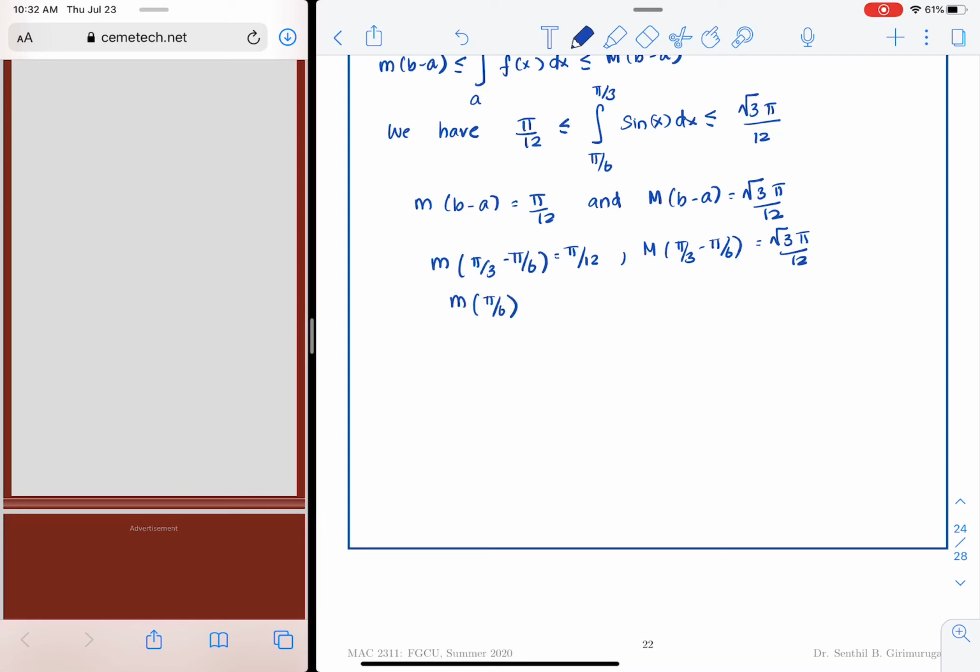m times pi over 6 would equal pi over 12. Same here.